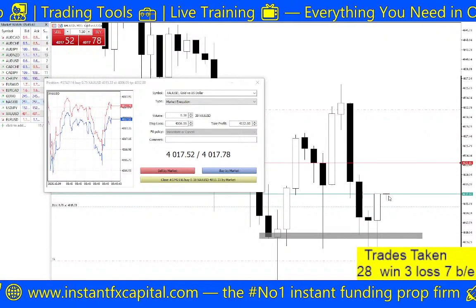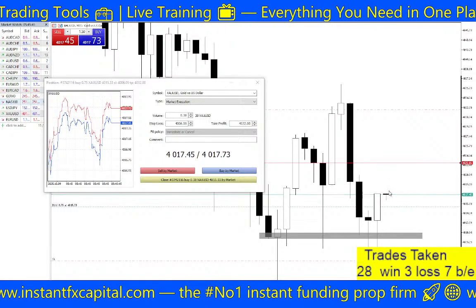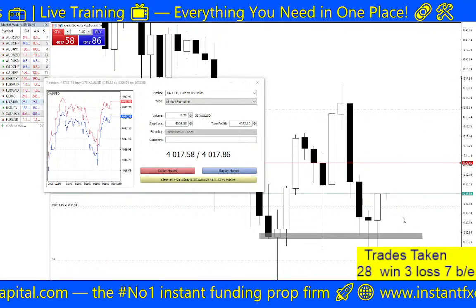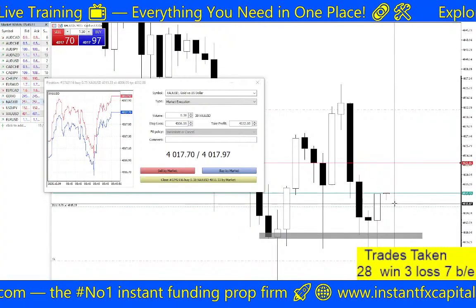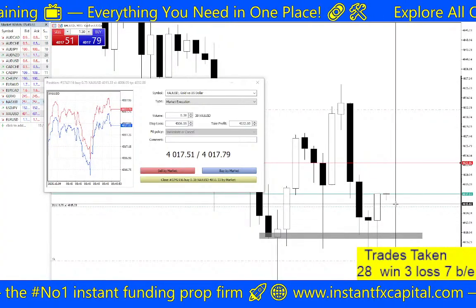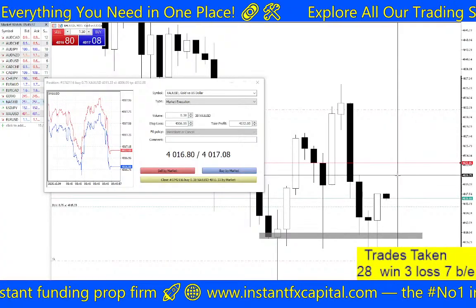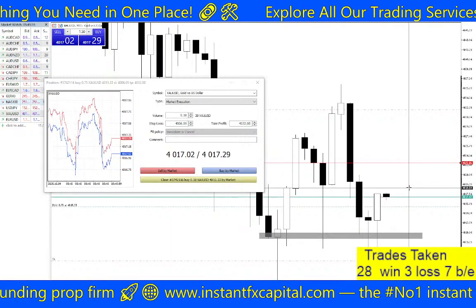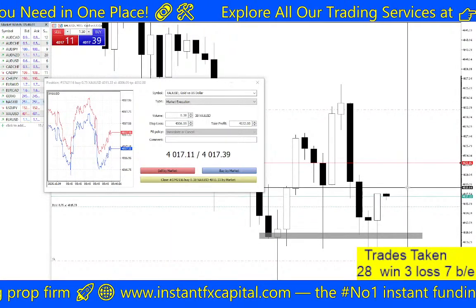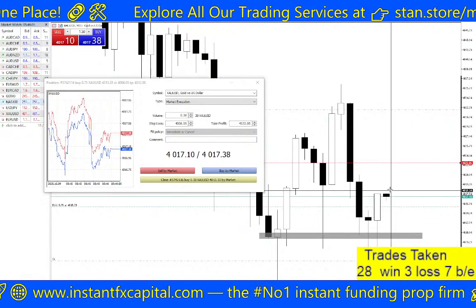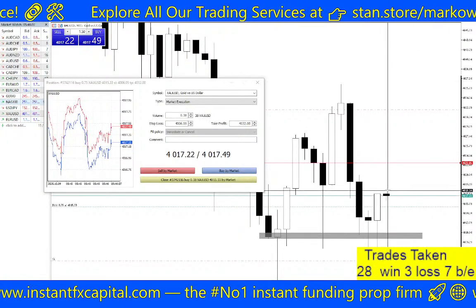So as soon as we break our own high, we're into break even. We're already in. We're sitting, what's that, 22, 23 pips up. Or we were. Come on, break your own high now. Let's go bullish.